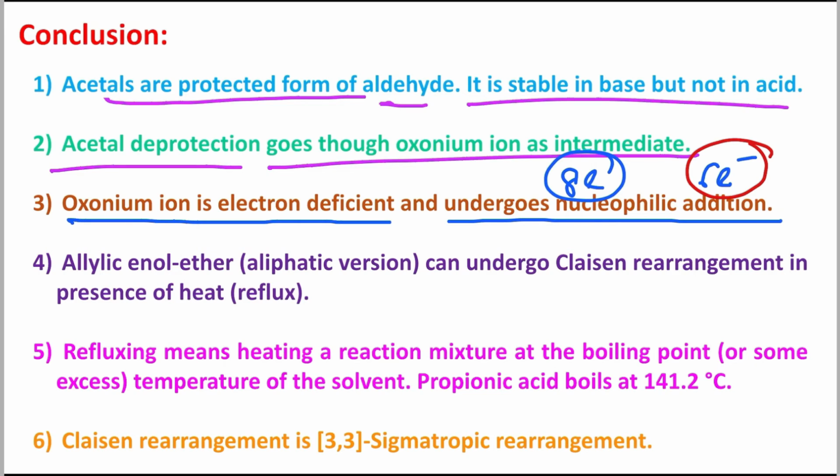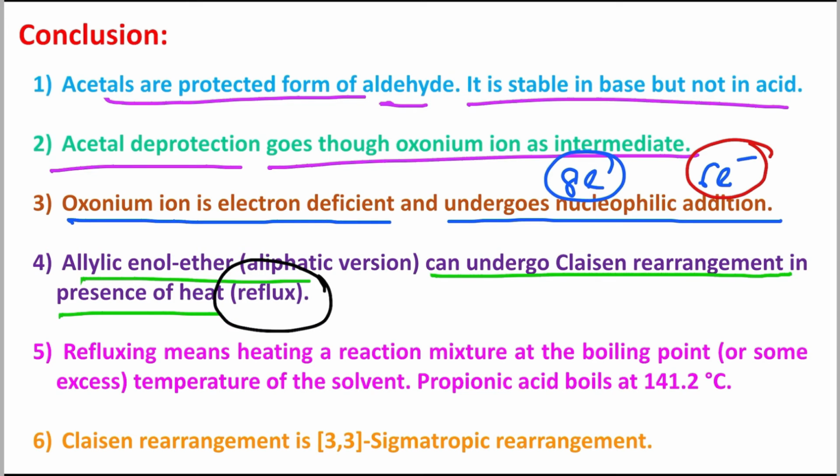Now the allylic enol ether, this aliphatic version, can also undergo Claisen rearrangement in the presence of heat, and here heating is indicated by the term reflux, because refluxing means heating a reaction mixture at its boiling point, or some excess amount of heat needs to be provided such that it can boil, and that's some excess with respect to the boiling point of the solvent.